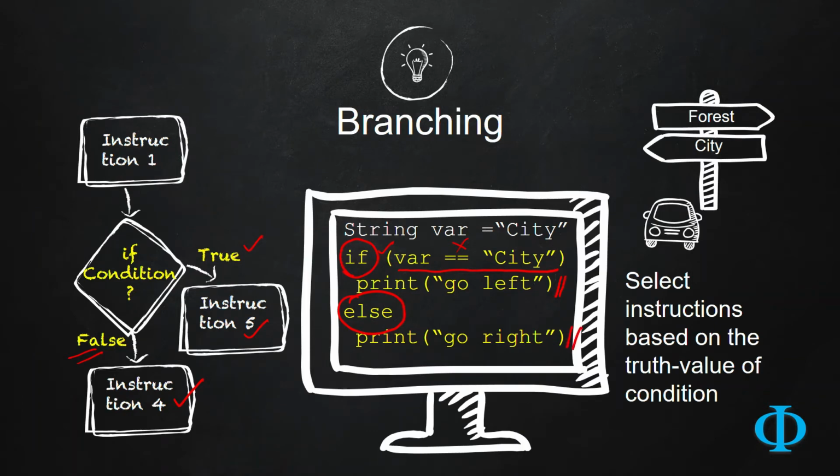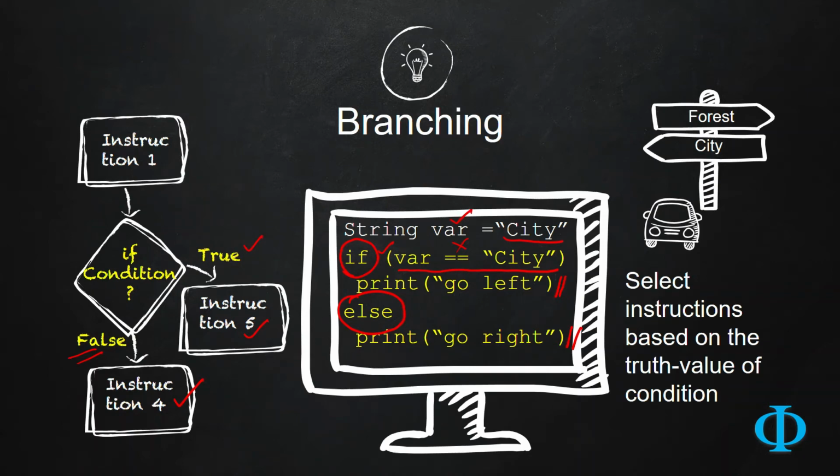execute all the lines inside else. Now let us try to analyze what is happening in this particular piece of code in this example. So here in the first line of the code, what I have done, I have simply stored the value city inside a variable called var.